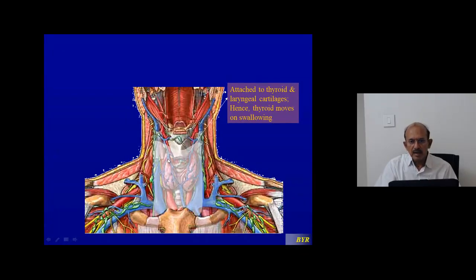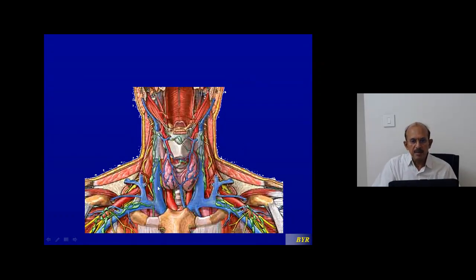Because of the attachment of the pretracheal fascia deeper layer to the trachea, and attachment of the thyroid gland to the pretracheal fascia, there will be indirect binding to the tracheal rings. So during swallowing, the tracheal rings also move upwards, so the thyroid gland also moves upwards.